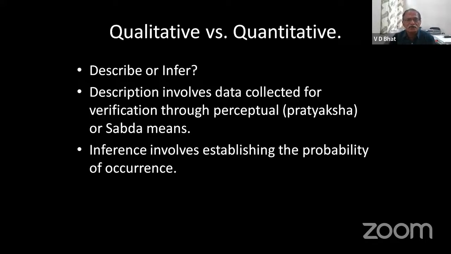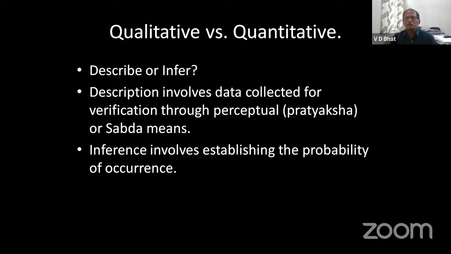Classification of studies into qualitative and quantitative. Suppose we want to describe something, we want to explain something, we are using language, we are using words to explain it. That becomes a description. And such studies are called descriptive studies, descriptive researches.